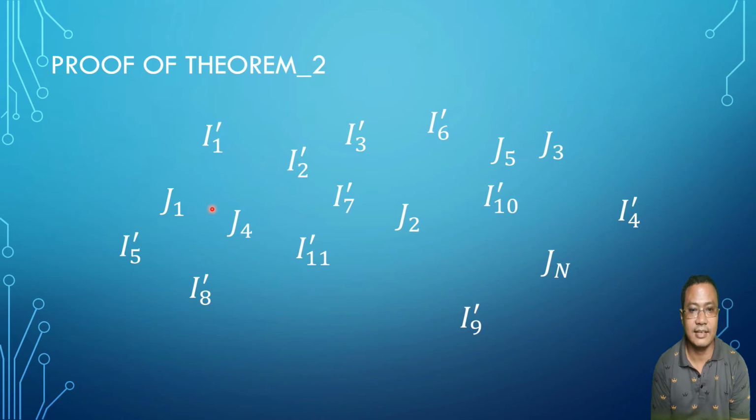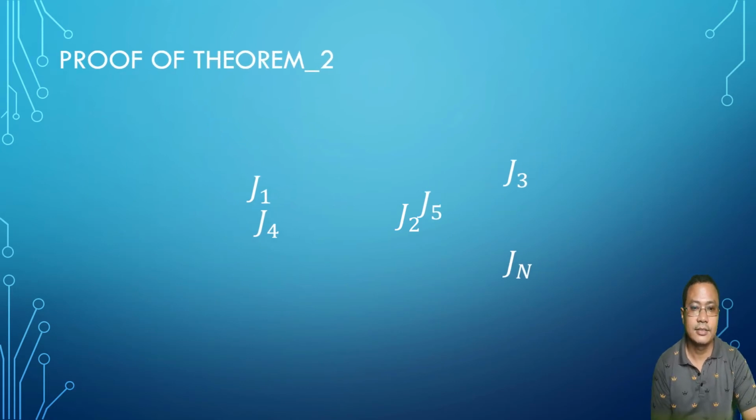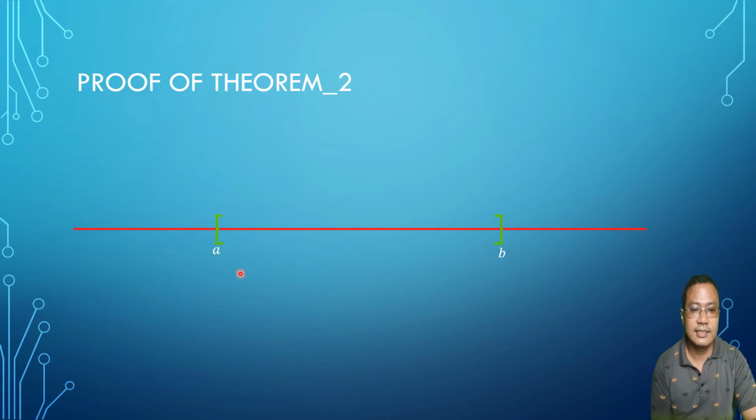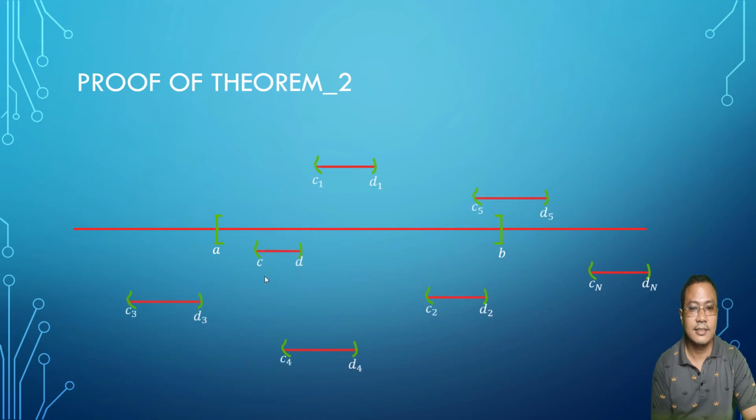Even if you remove them, the remaining will still be a cover of the closed interval I. So we can remove the redundant ones. So this is the closed interval. Let us see again. These collections are a finite subcollection. Their union will be a superset of the closed interval AB, all right.